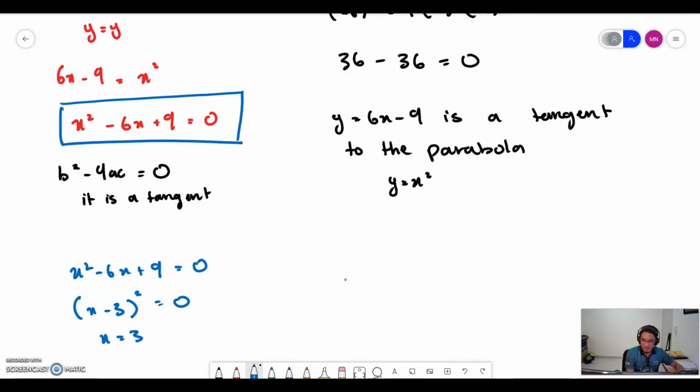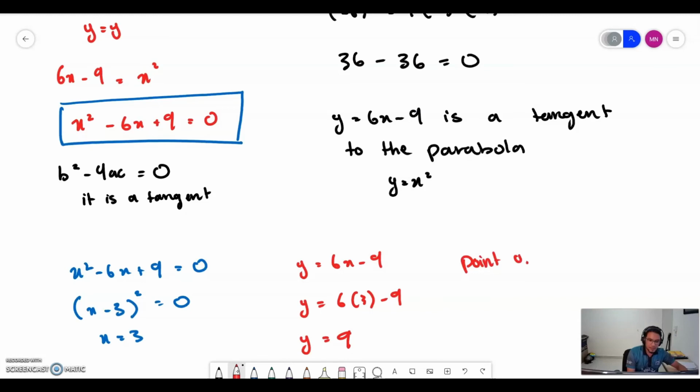In order to find the value of y, we take y equal to 6x minus 9, the equation of the tangent, and substitute the value of x. So now we have y equal to 9. So we have x, we have y, so the point of contact will be at (3, 9).